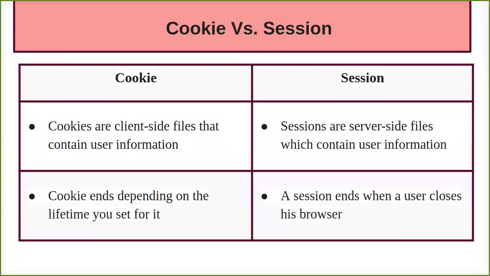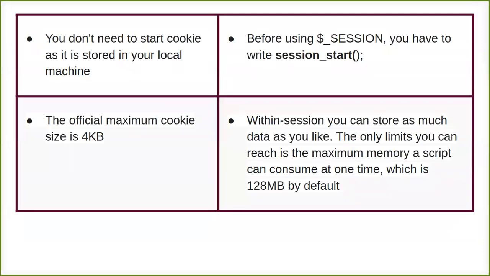We know that cookies are client side and sessions are known as server side. The cookie's lifetime depends on what the developer sets for it. For the session, whenever we close the application, it just ends, but there is scope for extending the lifetime of any session, which as a developer we have to do.